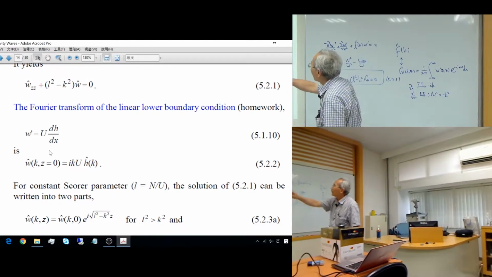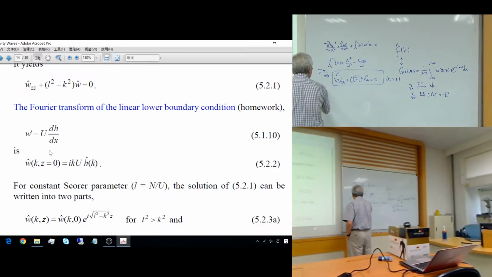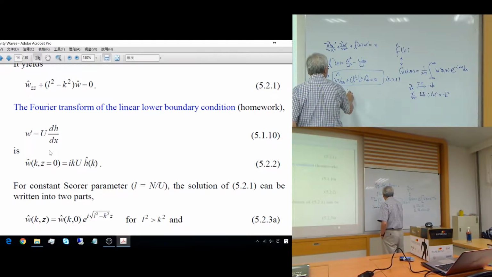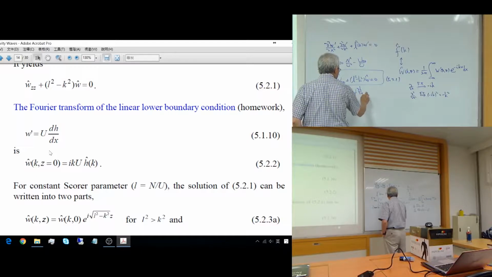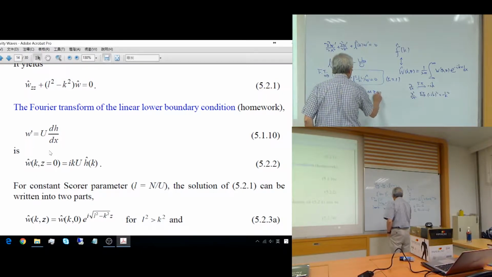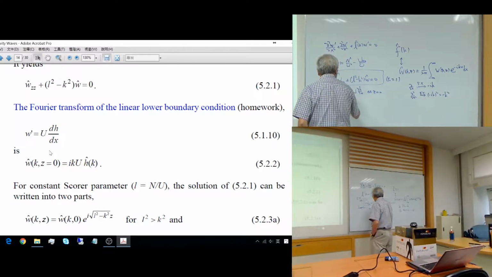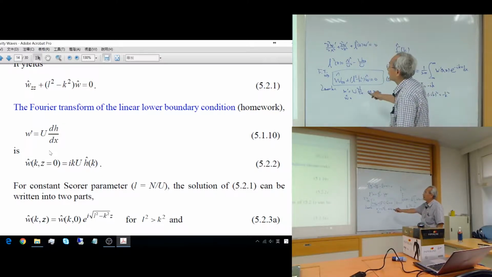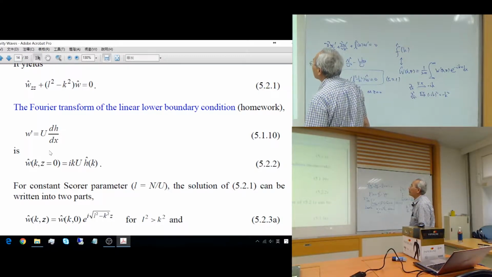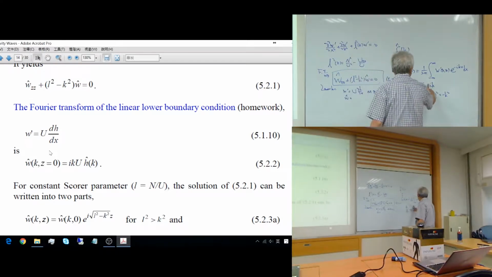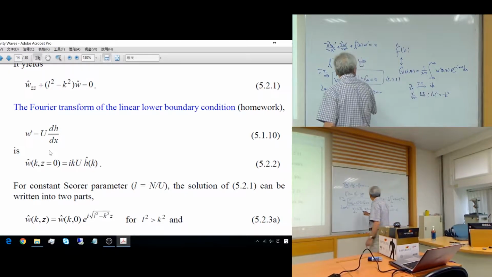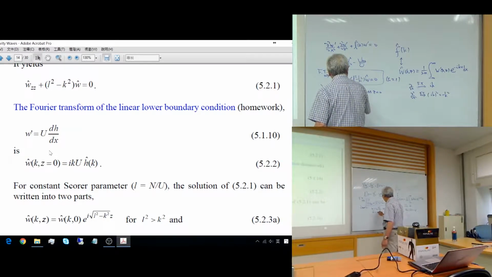So the lower boundary condition: we have w' equals U partial h partial x at z equals 0. So then w hat, you have to really give the integration a try, but the shortcut is this will give us ik U h hat.